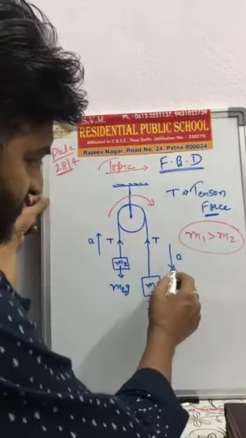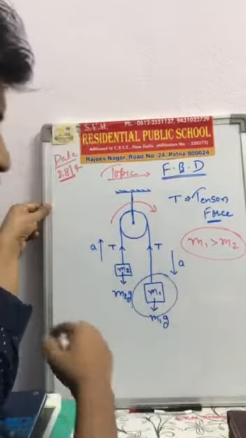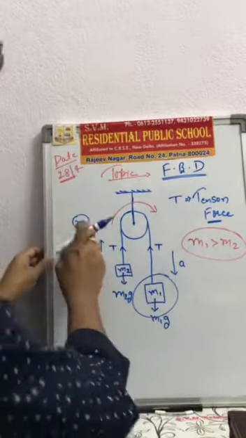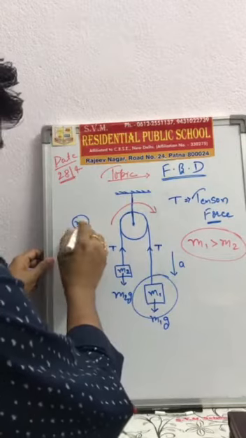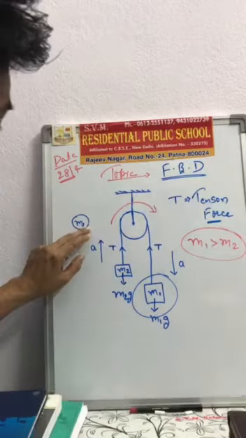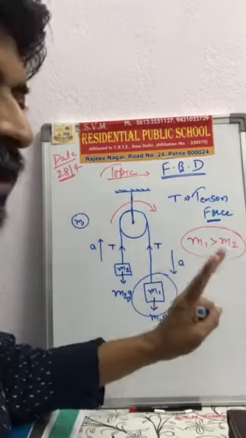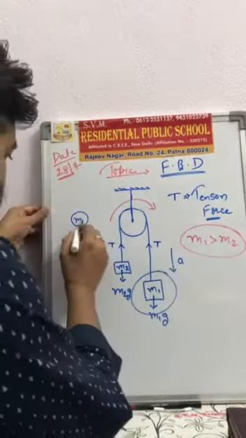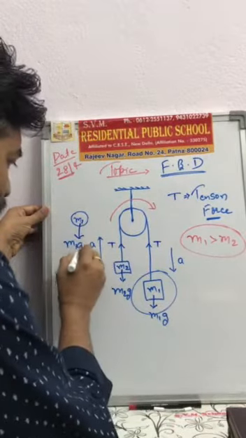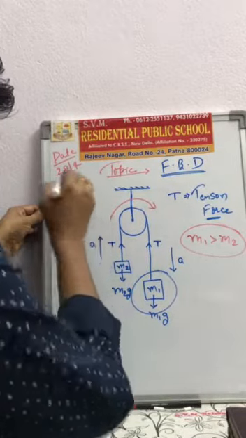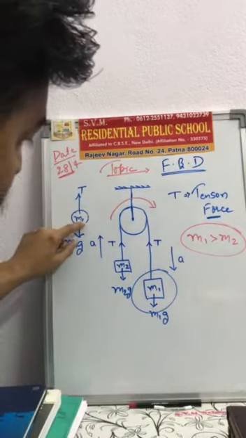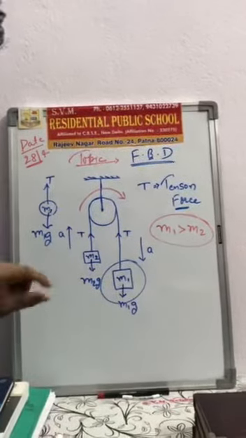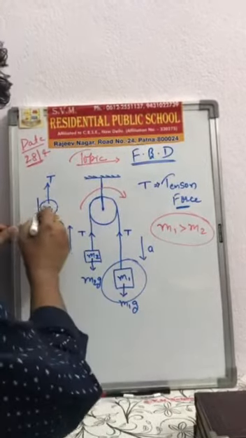If we talk about M1, we will see that two forces are applied on M1: in the downward direction M1G and in the upward direction tension T. But these forces are unbalanced. How? Because M1 moves in the downward direction.